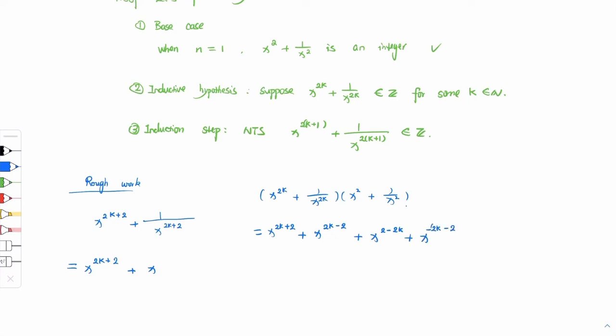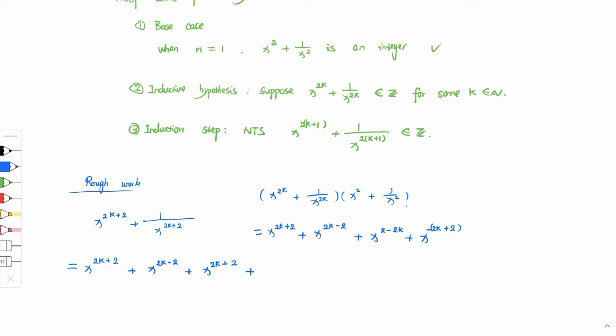Here we have 2k plus 2, which we have already, and 2k minus 2.